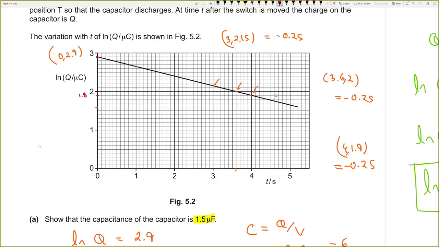So since the gradient is double now, what will happen? The change will be double. So rather than being 1.8, it's going to turn into 0.9 now at 4. So it's going to pass through this value over here, 0.9, and it will continue till 5. So let me explain again.